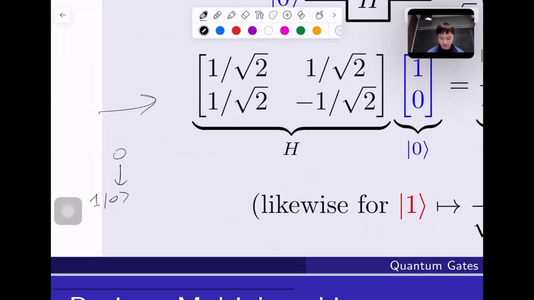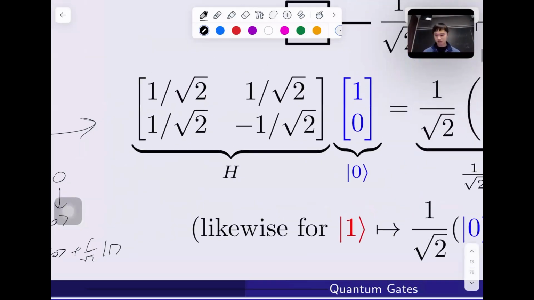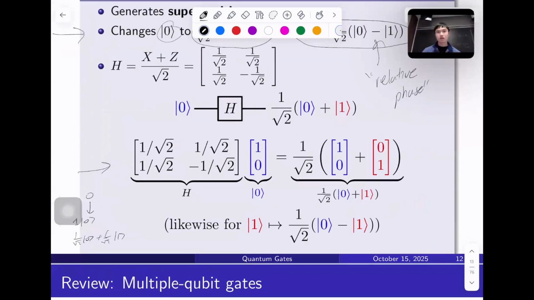But if we have, for example, this state, using our rule for how we do measurement, you take the coefficient and you square it, right? So this state, you have a half chance of measuring a 0 or a 1, and so it's in some sort of mix of 0 and 1. And so we just call that a superposition. Does that make sense? Okay. Any other questions on this?